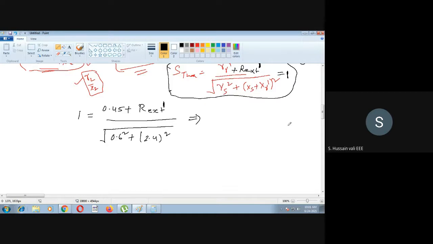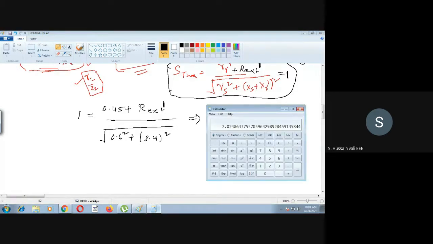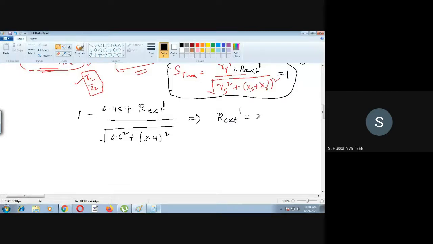So 2.02, you are getting some approximate. So R external dash is equal to 2.0. This is R external dash we got.